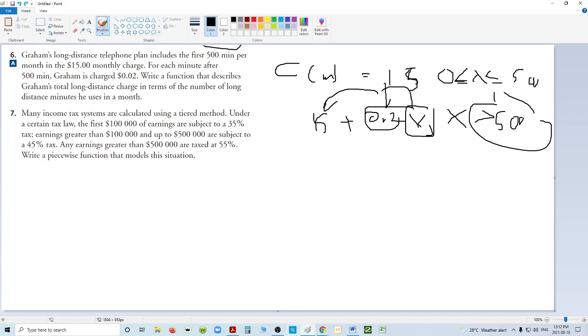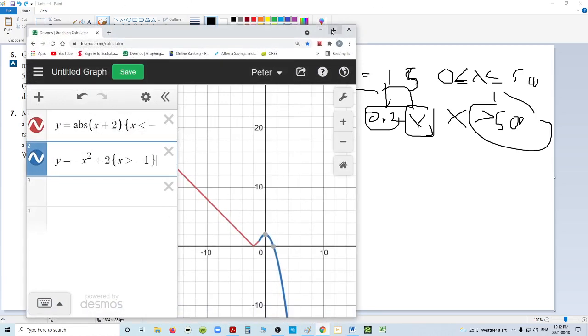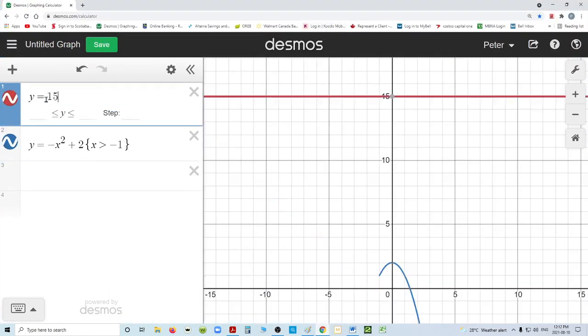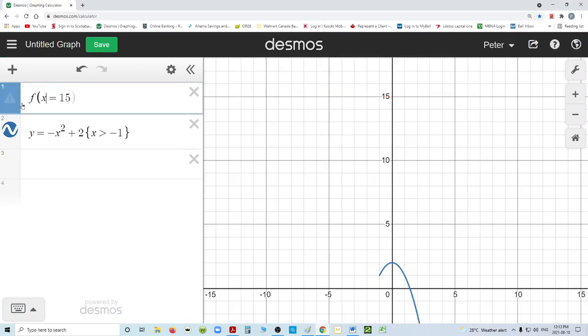Let's see if we get that right. So we're going to pull this up, and we're going to say, okay, you get charged 15. Let's do it in f of x. Or he might do cost of m, C of m, is equal to 15 as long as 0 is smaller or equal to m is smaller or equal to 500.